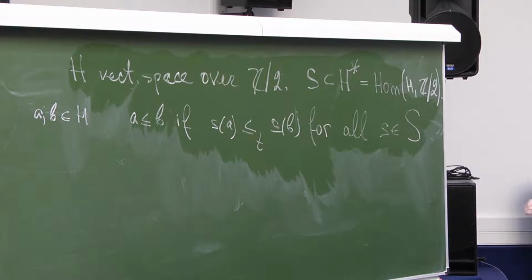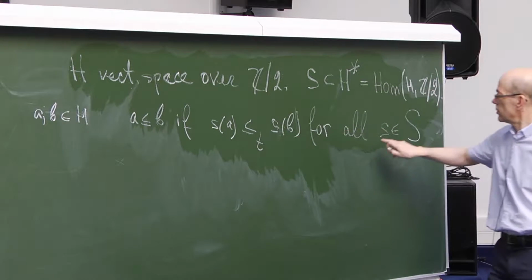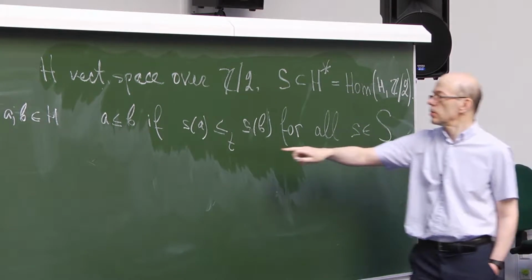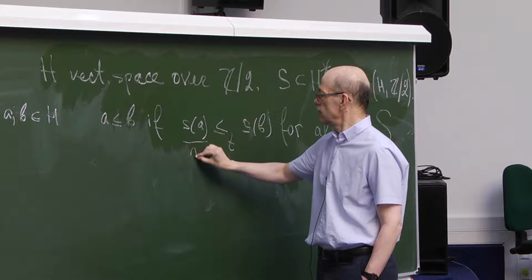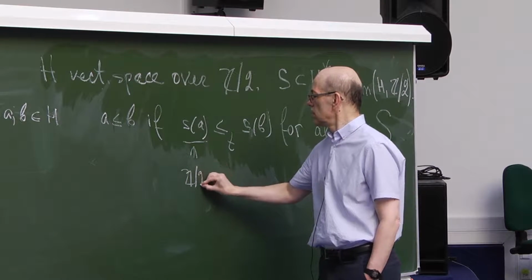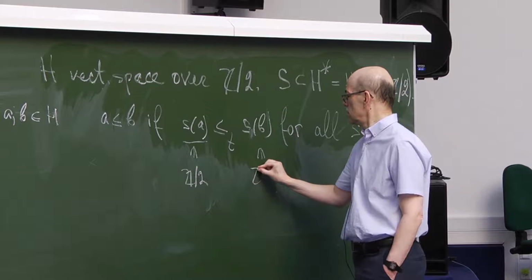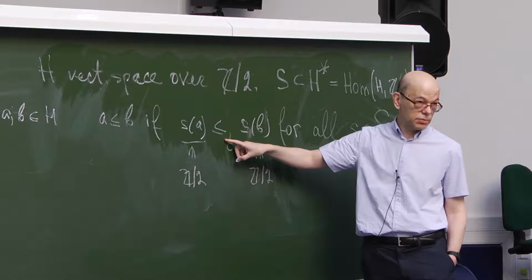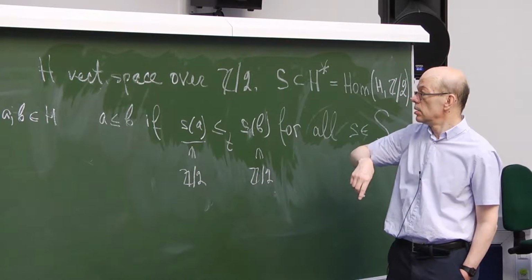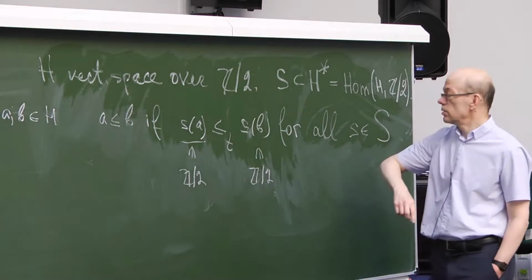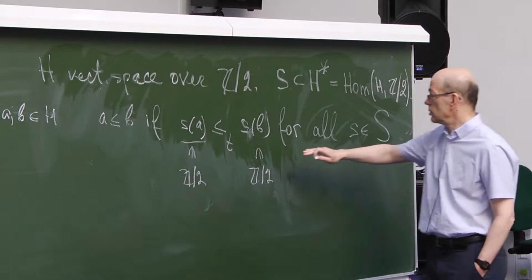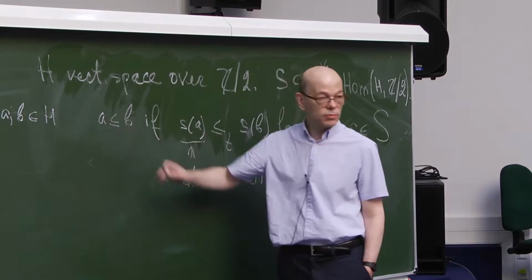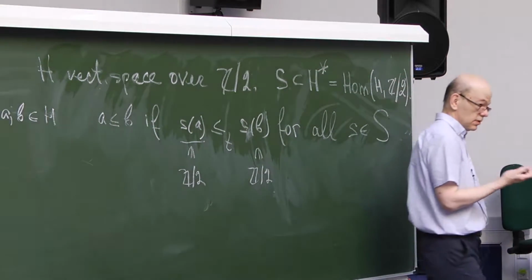Now, what does it mean? So an element S is a homomorphism from H to Z2. So this is an element of Z2, and this is an element of Z2. And in Z2, remember, we have this trivial partial order, which I mentioned at the beginning. So we can write this. So if this condition holds for all S in my set S, then I write that A is smaller than or equal to B. So that's my definition.